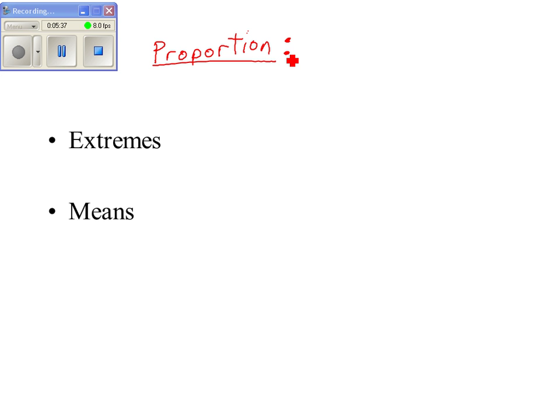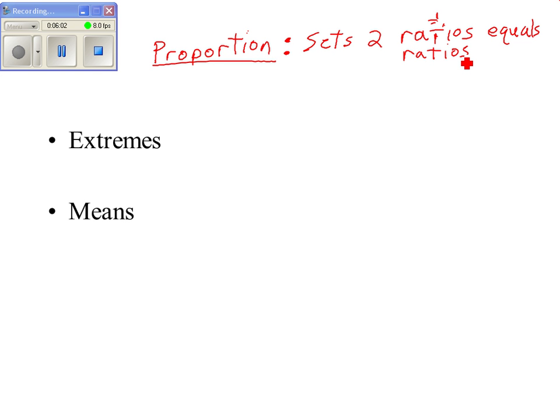A proportion sets two ratios equal to each other. So a proportion sets two ratios equal to each other. That's all a proportion is.